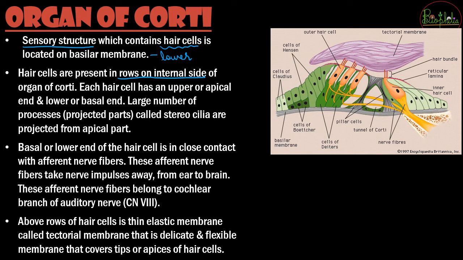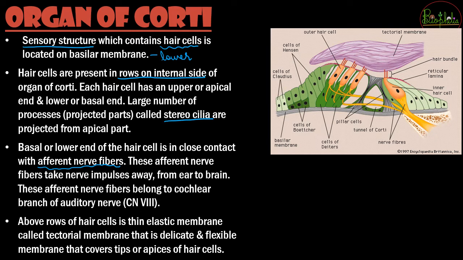And what is the work of these hair cells? The work of the hair cells is that when sound waves come, because of the sound waves, these hair cells are going to move, but these are stereocilia, and these stereocilia, or these lower parts of the hair cells, are going to be in very close contact with the afferent nerve fibers.